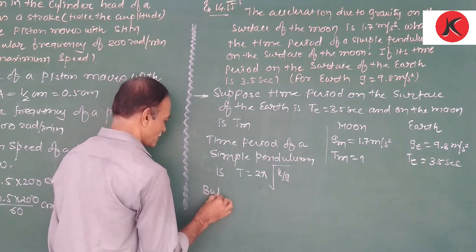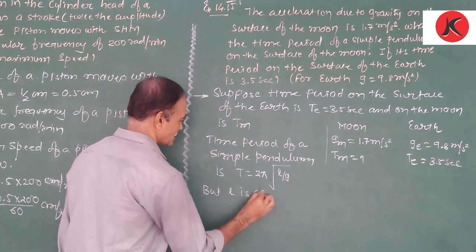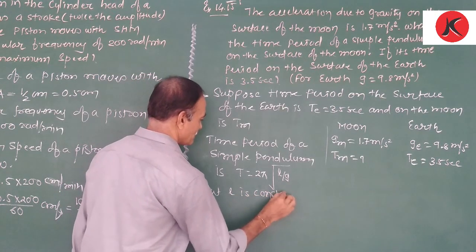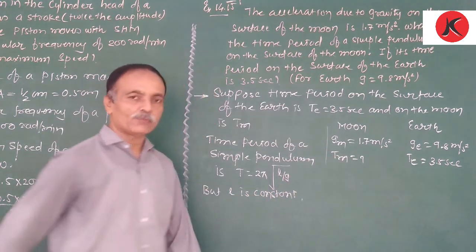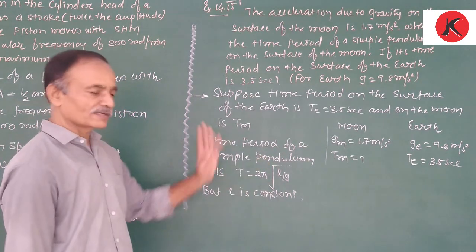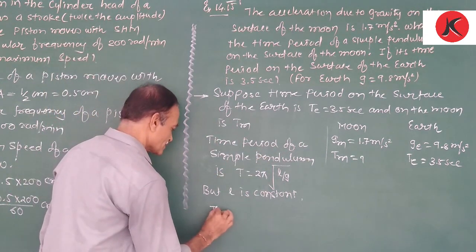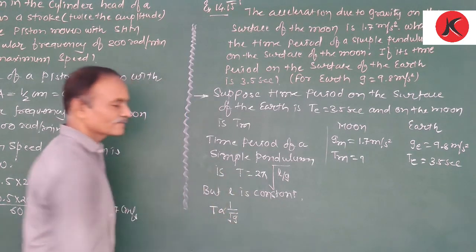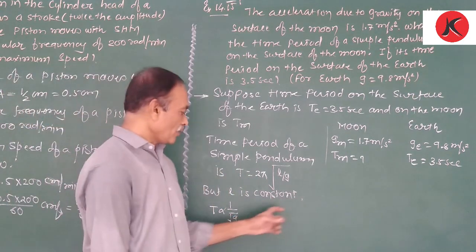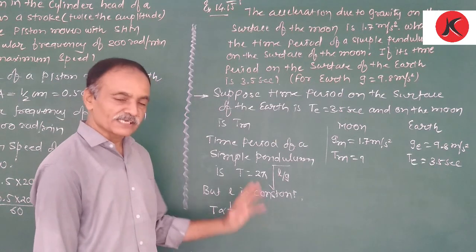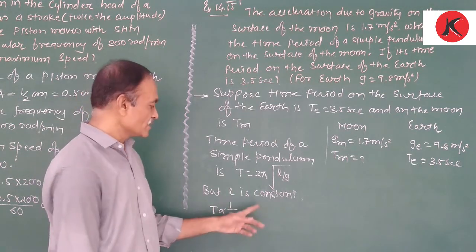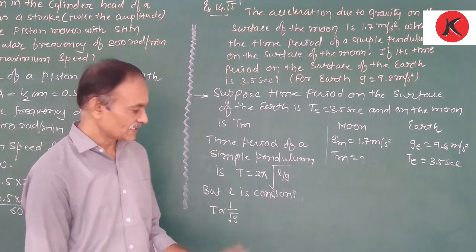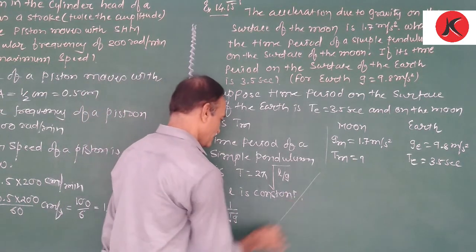In both cases, that means on the surface of the earth and also on the moon, the L does not change. Therefore, T is proportional to 1 upon under root of G. The periodic time of a simple pendulum is inversely proportional to the square root of gravitational acceleration.